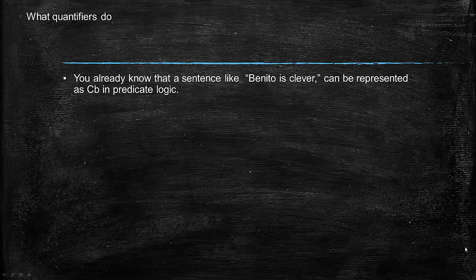So how does that work? Well, you already know that a sentence like Benito is clever can be represented as capital C, little b in predicate logic. But how would you say that someone or something is clever?